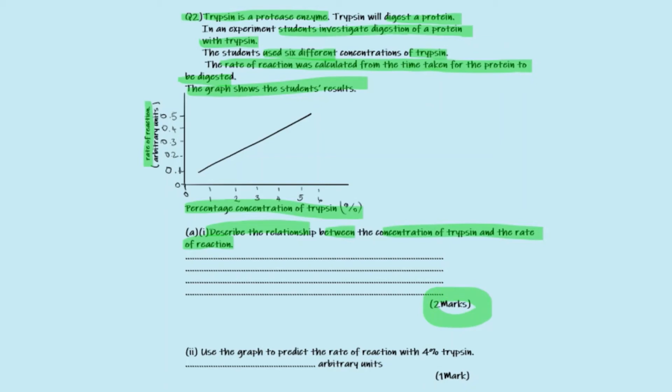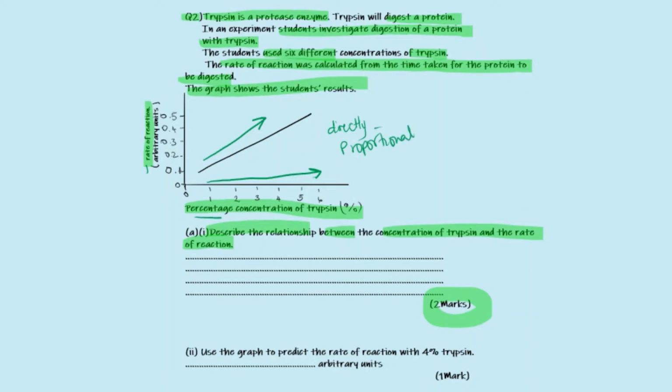If we have a look at the graph, we can see that as the percentage concentration increases, so does the rate. You can see the rate is going up. So we say it is directly proportional.